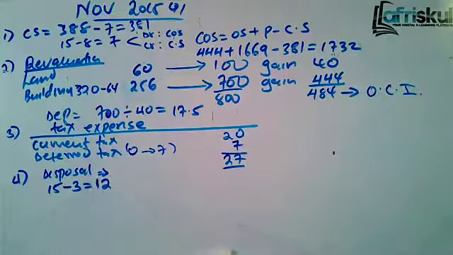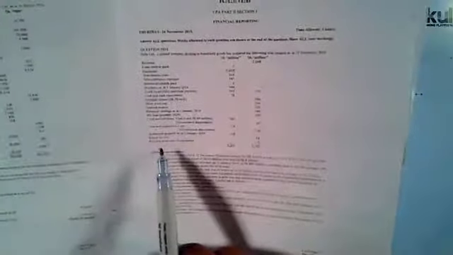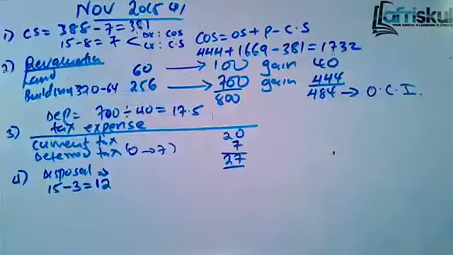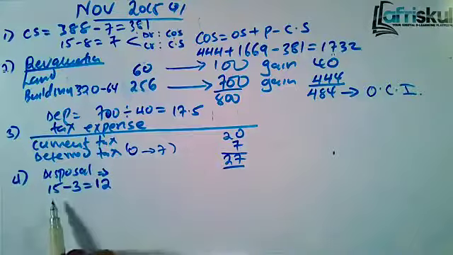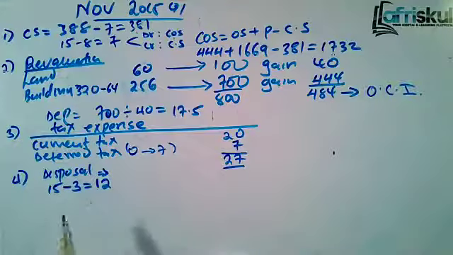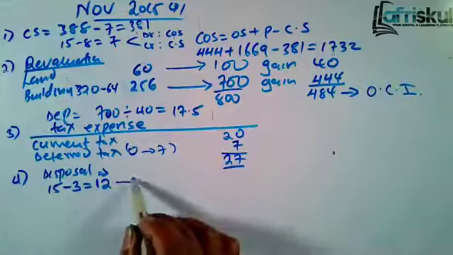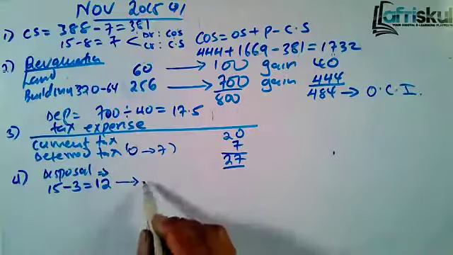Then we want to determine if we disposed at a gain or loss. Now let's go back to the trial balance. The last item from the trial balance here, this is what I mean. We had proceeds from sale of equipment, and we can see it's 7. So that means 15 minus 3, you get the net book value. The real value was 12, but the proceeds, what we got, we only got 7.